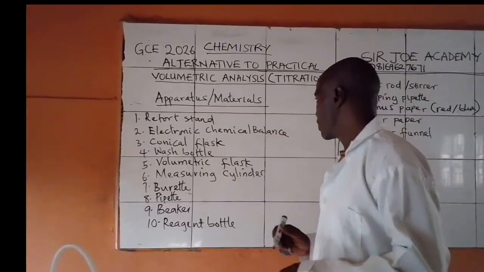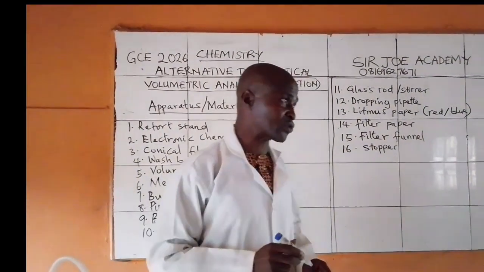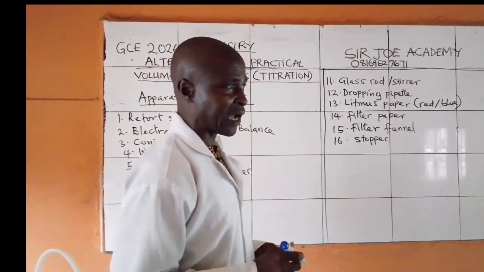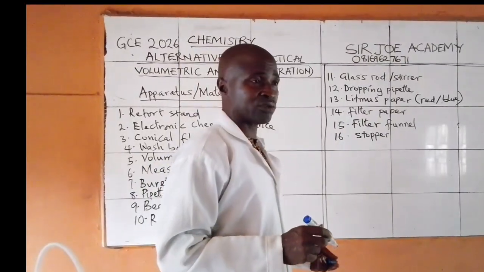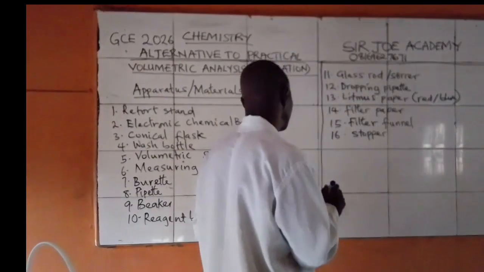And also, don't forget that we have some indicators when dealing with acid-base titration. Indicators such as methyl orange. We have methyl orange.